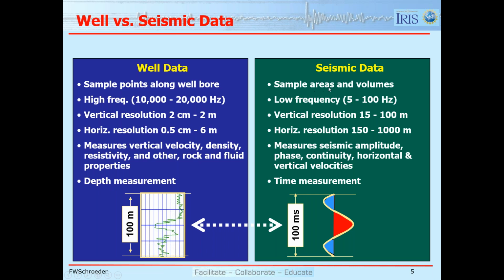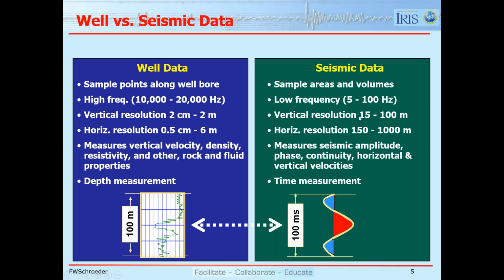With seismic, we're able to sample areas if it's a 2D survey or actual volumes of the subsurface if it's 3D data. Seismic frequencies are much lower than what we use with the sonic log. They're in the 5 to 100 hertz.